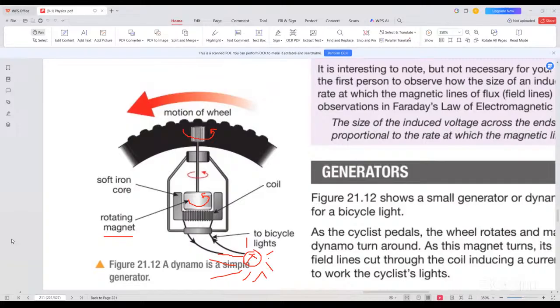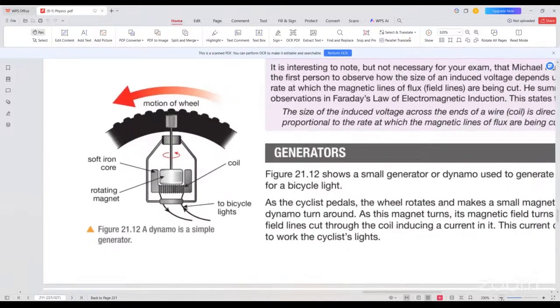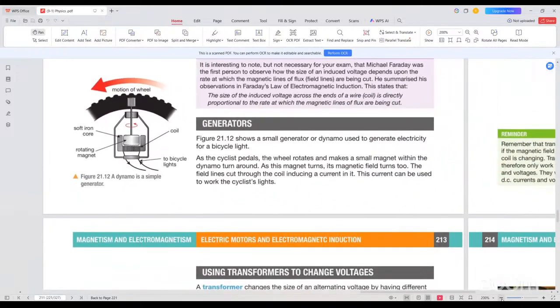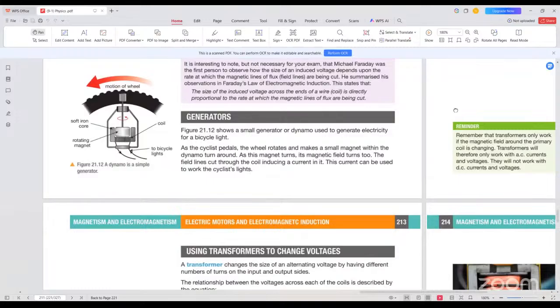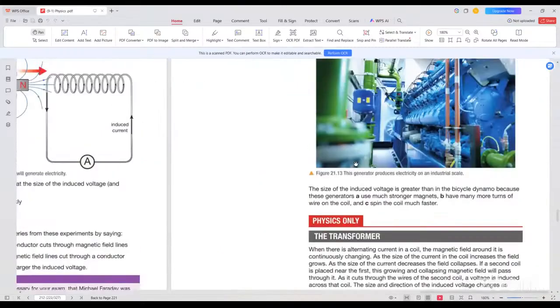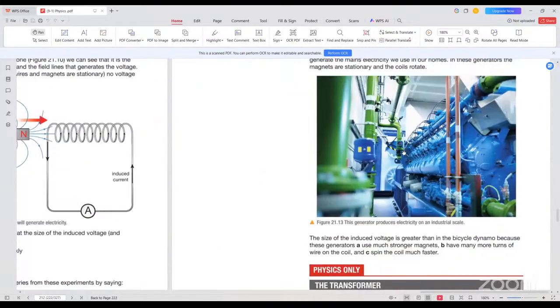Okay. So if there's a question given in the exam, you should be able to explain the theory here, right? So remember, there's a rotating magnet inside the dynamo. The same theory is applied in turbines as well.